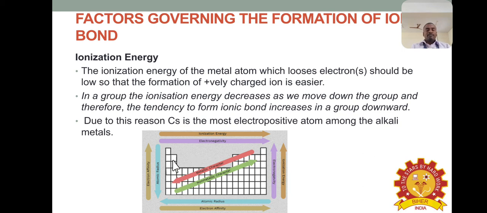The tendency to release electrons is explained in the periodic table. In the periodic table, from up to down, the ionization property increases. Atoms with high ionization power can easily make ionic bonds.